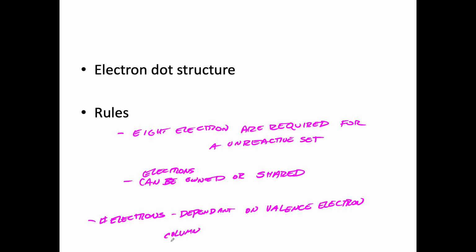We talked about that, where we're not looking at 1 through 18, but 1A, 2A, and then 3A, 4A, 5A, what's on the top of the old periodic tables. All right, so those are the rough rules of electron dot structures. While I'm thinking about this, I'm going to finish this review, and I'll put the electron dot structure as part 3 of this lecture.